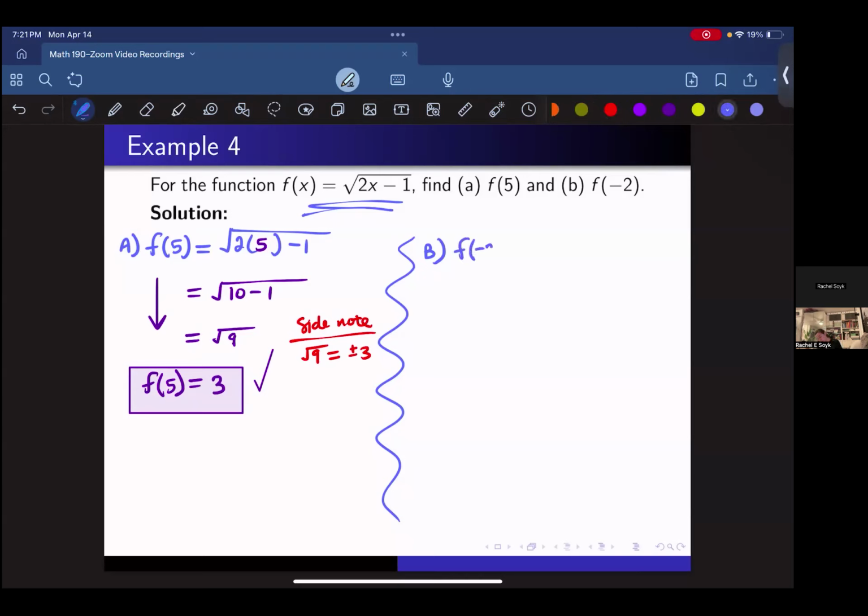So I'll write as a side note, no real solution. Only imaginary. And then once again, you can also have that plus or minus.